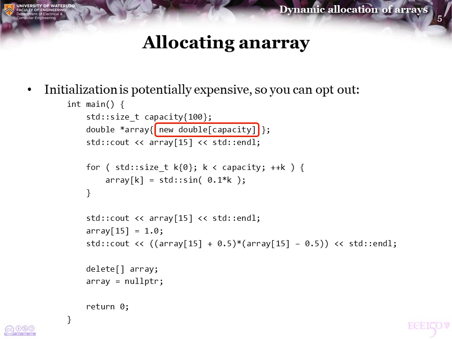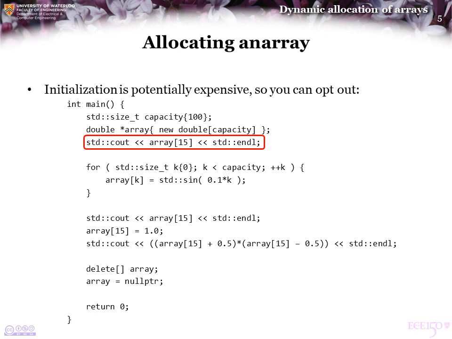Well, the capacity is 100, and therefore this will make a request to the operating system for 800 bytes, as each double occupies 8 bytes. So the operating system will find 800 bytes, and it will return the address of the first byte of the first entry of that array.